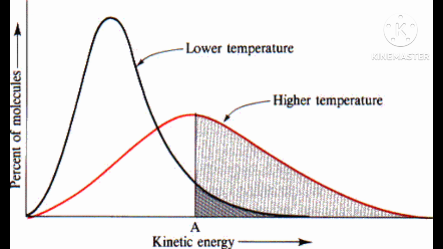The x-axis of the graph is kinetic energy, and the y-axis, the vertical, is the fraction of molecules. The fraction of molecules having more energy will be less.